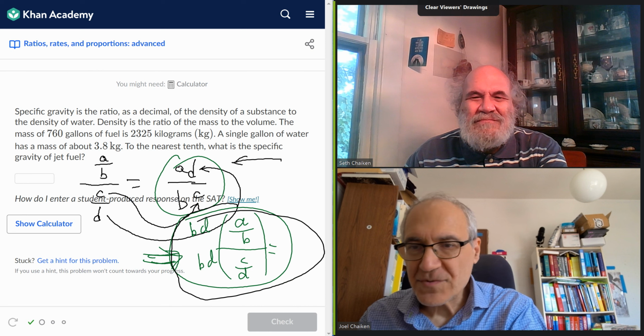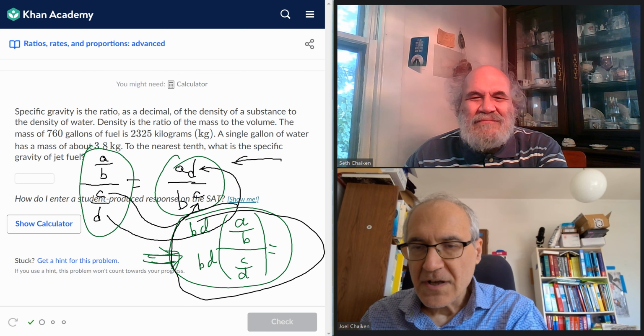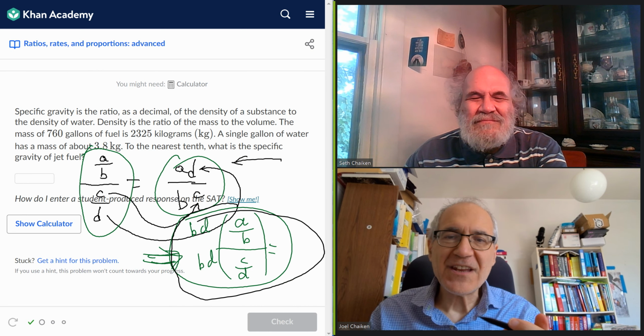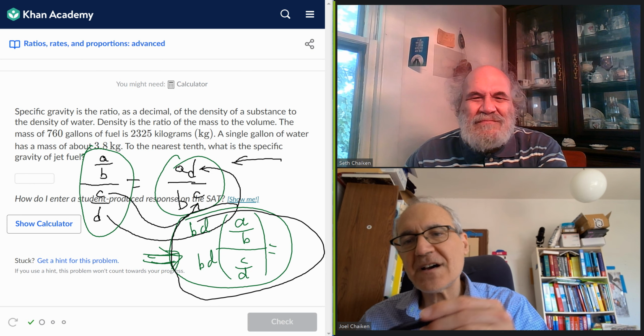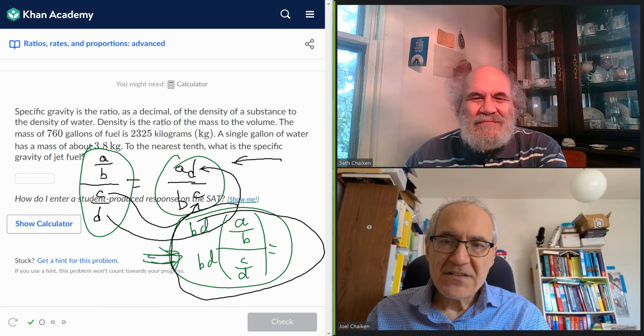And you definitely should be familiar with the complex fraction, and it should be second nature. A over b divided by c over d is a over b times the reciprocal of c over d.